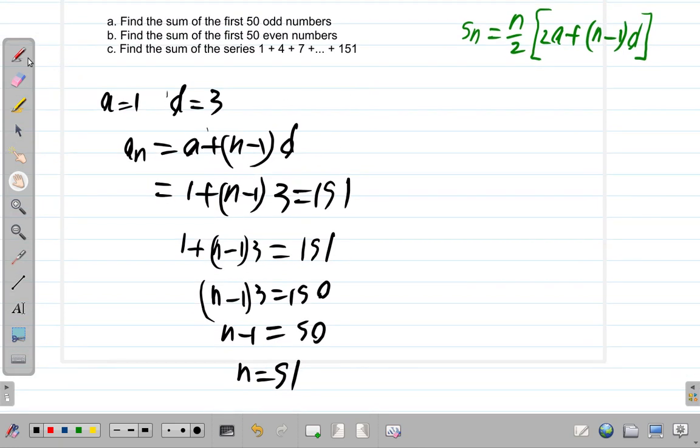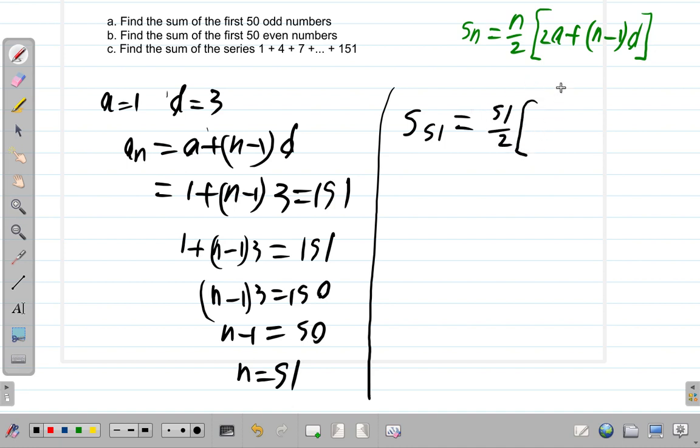Now, let's partition the board, work over this side. So, the sum of the first 51 terms is equal to 51 divided by 2 times 2 times a, which is 2 times 1, plus n minus 1, in this case 51 minus 1, times the common difference of 3.